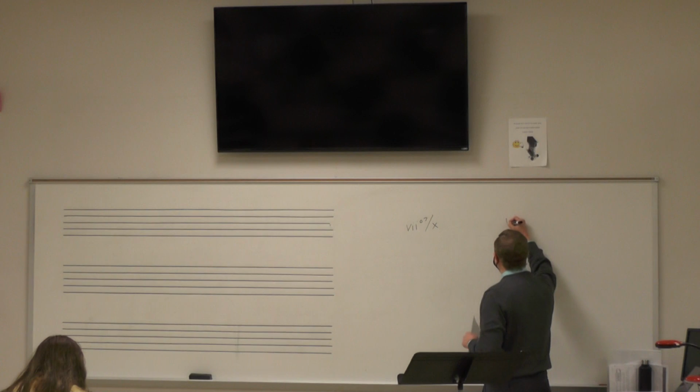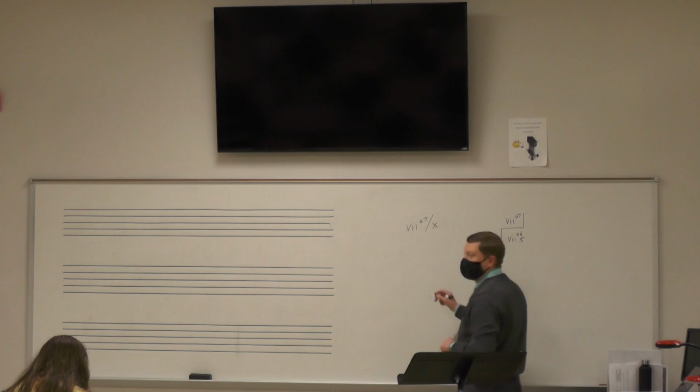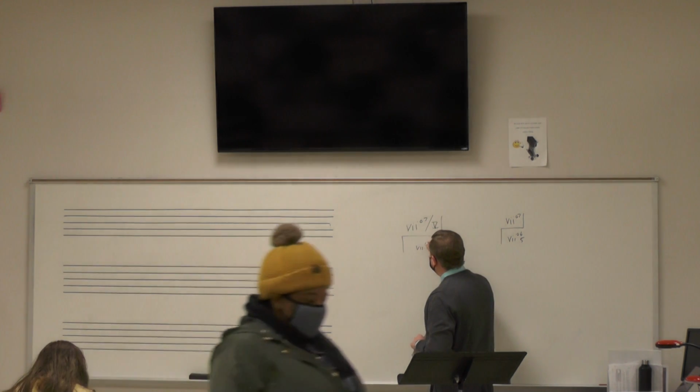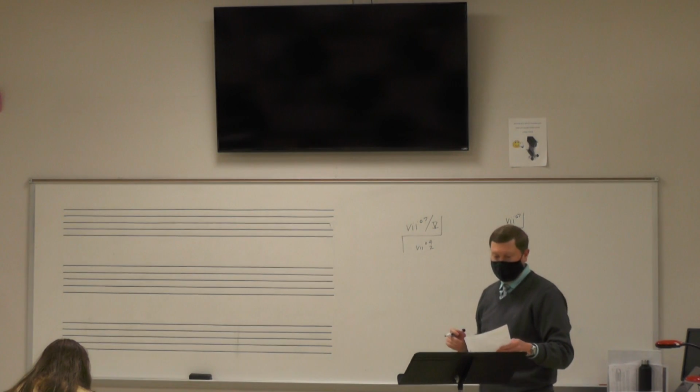So if, for instance, we can have something like this, and whatever keys it might be, that means we could also have something like this, and whatever keys it might be, that could be a possible pivot chord.